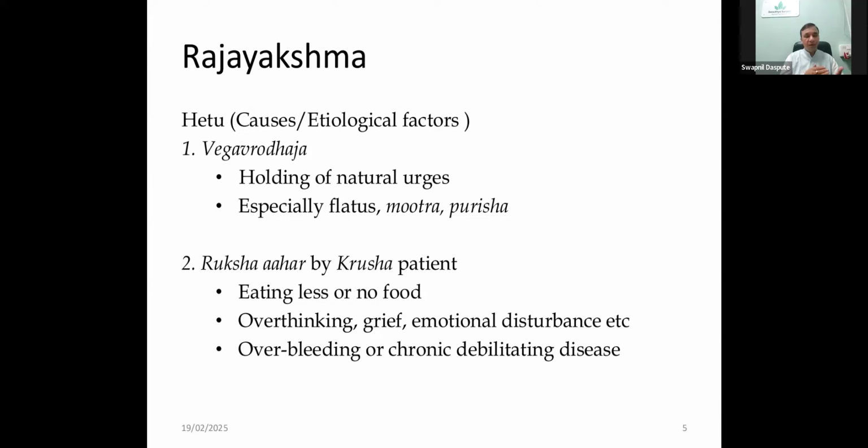However, the point I'm trying to make is, when we say langhana or laghu ahara, fasting, upavasa, in the initial stages of treatment of any particular disease where it says langhana and pachana, it should be controlled. You should keep an eye on what is happening with the patient, how the signs and symptoms are subsiding, how the patient is feeling.